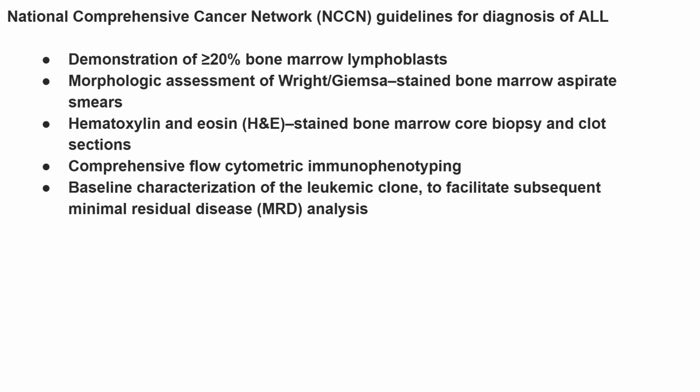When you examine the bone marrow, there should be at least 20% lymphoblasts, and the assessment has to be done by Giemsa or Wright stain of the bone marrow smear, and hematoxylin and eosin stain of bone marrow clot sections. The abnormal lymphoblasts should be identified, to show that the nuclear material has the same character.